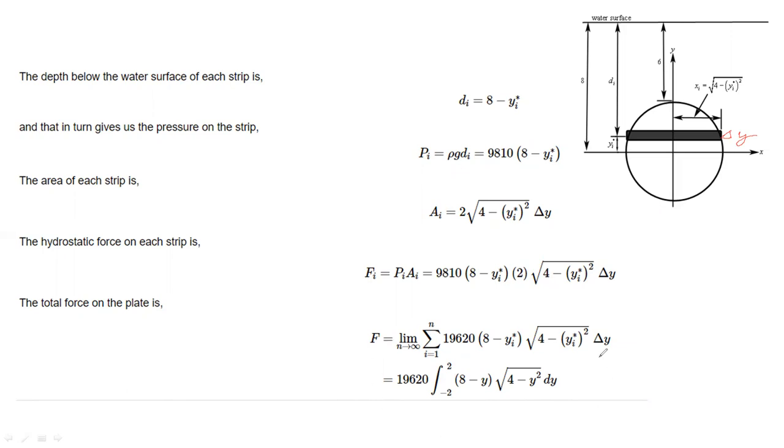Now notice that the summation symbol, the evaluation of the limit of the summation, you have replaced with the integral expression. It's the same thing actually, only that the expression which has the y was written after the integral. Very important here for you to note would be the limits of integration. It started with -2 because our radius is 2.